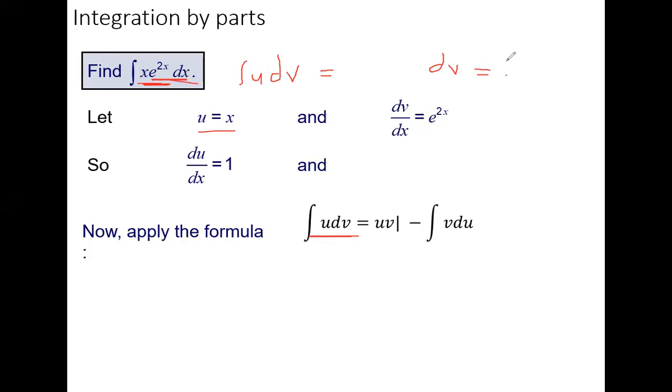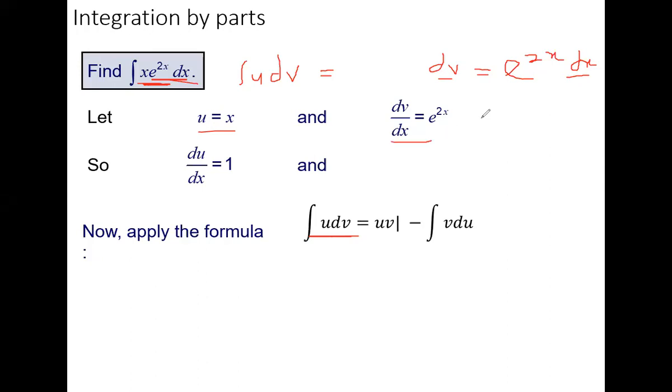So that is e raised to the power 2x dx. It is much simpler seeing it this way. So dv is e raised to the power 2x dx, okay? But here, both sides of the equation have been divided through by dx. That is why we are seeing this.